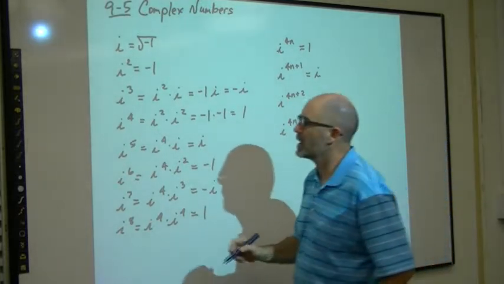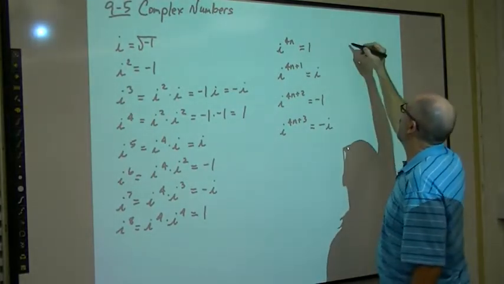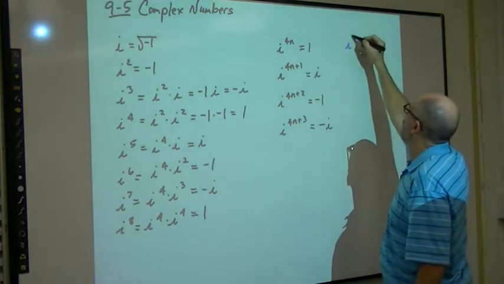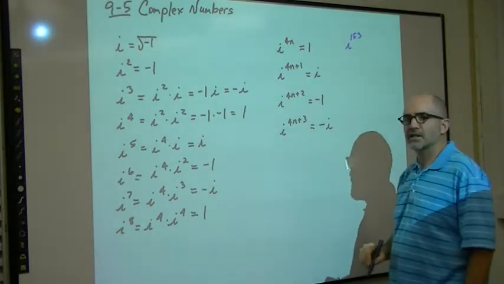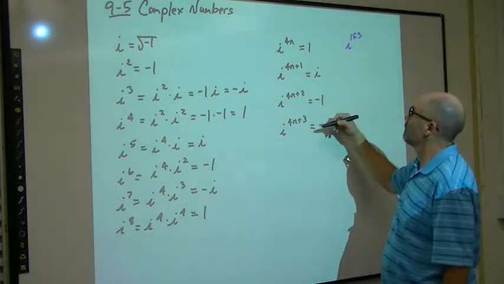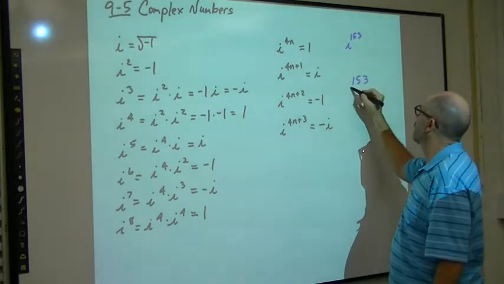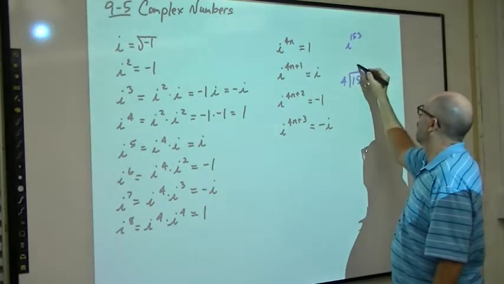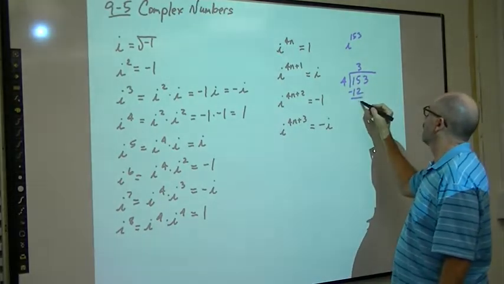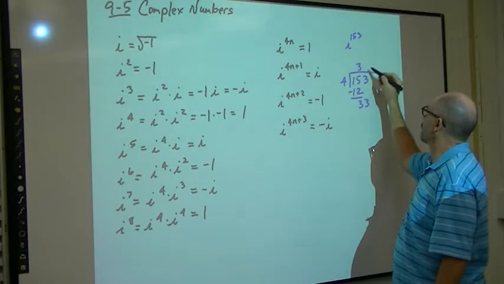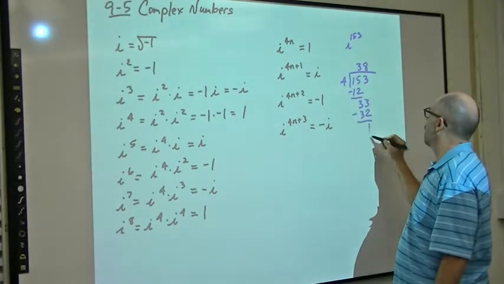So, let's try a couple examples. If I want to know i to the 153 power, well, I just need to find out what the remainder is when 153 is divided by 4. So just go 153 divided by 4. 4 goes in 15 3 times, so I've got 12. 3 left over, bring down the 3, and then there's an 8, 32, so 1 left over.